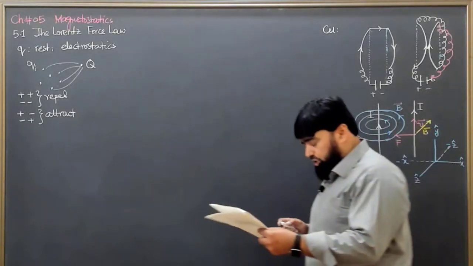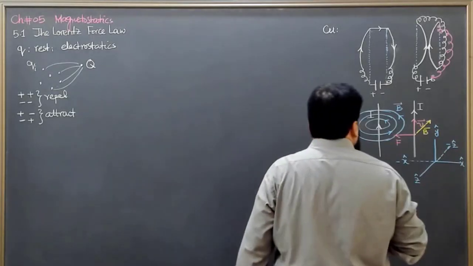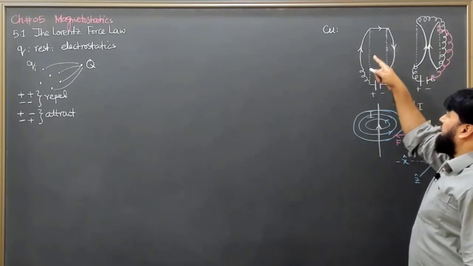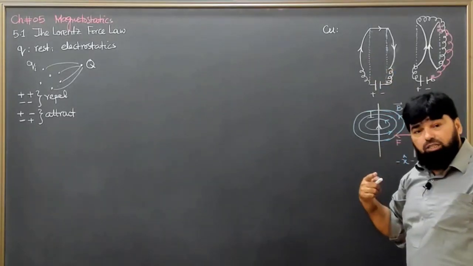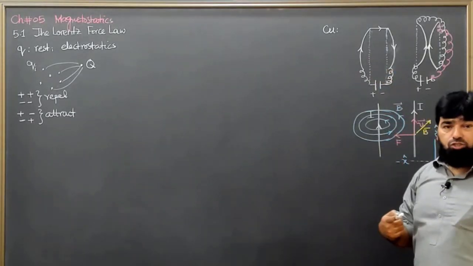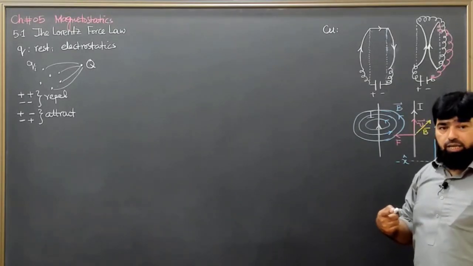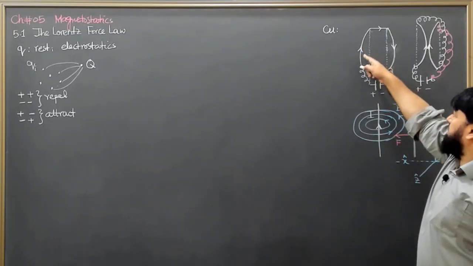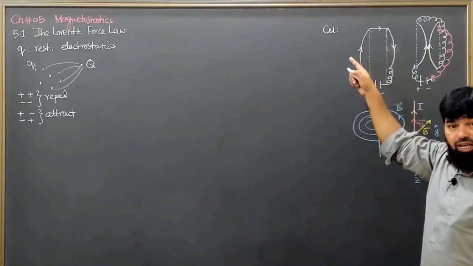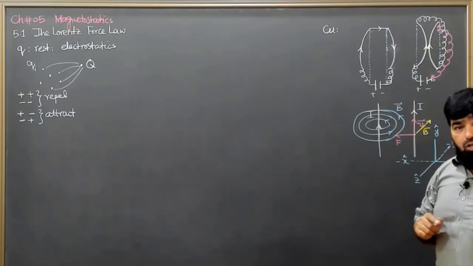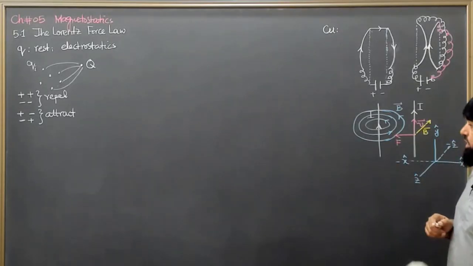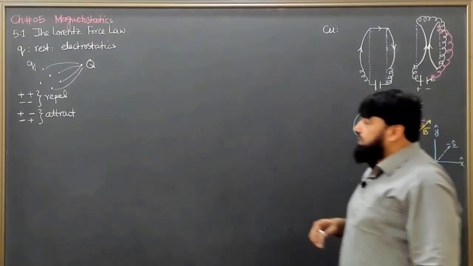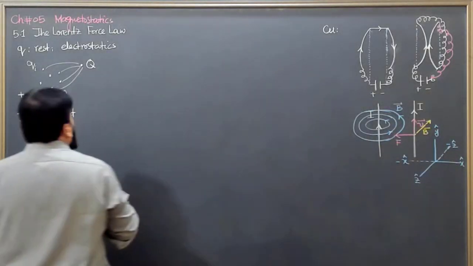This is the question. So when they repel or attract each other, the nature of the force is not electrostatic, but the conductors are basically neutral. So where is this force arising from? We call this force the magnetostatic force.